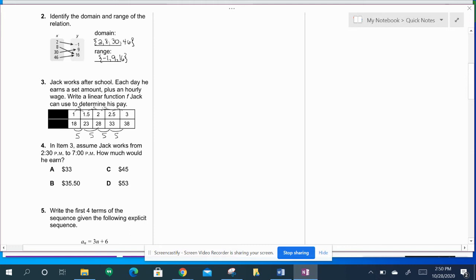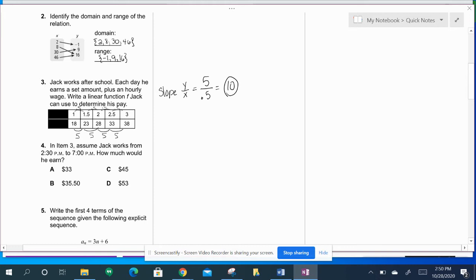So since they're all the same, I'm going to find my slope by taking the change in y divided by change in x. And so in this case, it's going to be 5 divided by 0.5. And 5 divided by 0.5 turns out to be 10. And so my slope is 10.